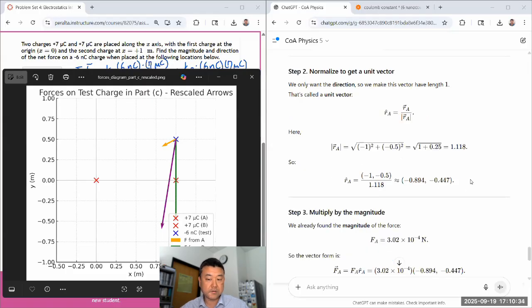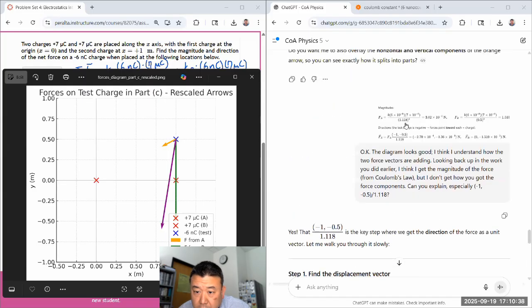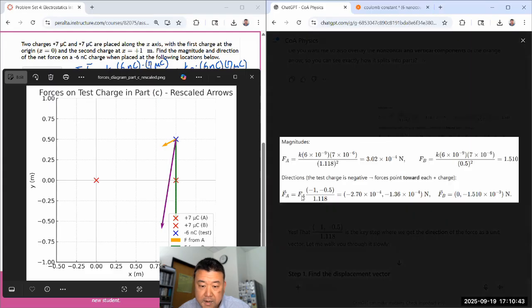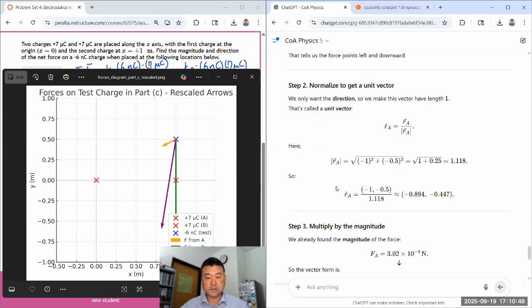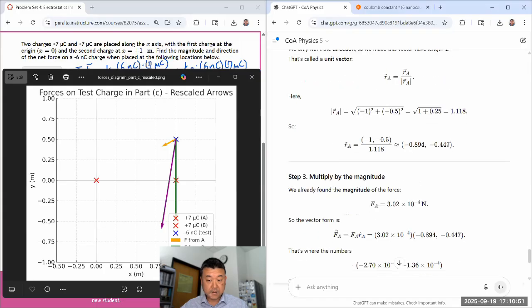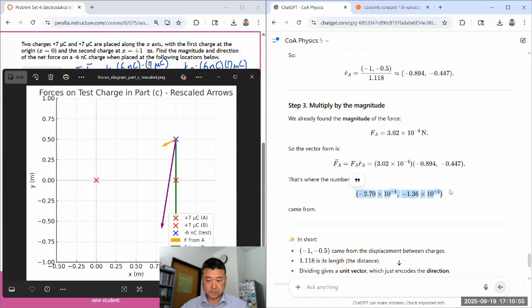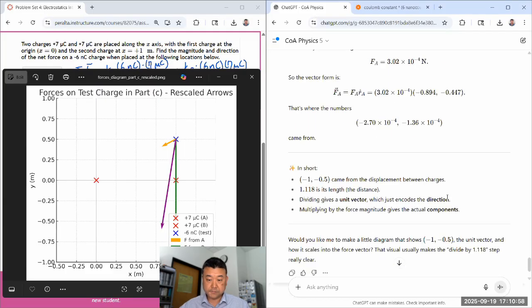So doing that gives you that. And I think it was worked out earlier. I just did this times FA and folded it into one step. Now here it's unfolding it. There's this r-hat A, and then when you multiply by the magnitude, that gets you to what was earlier. So, yeah.